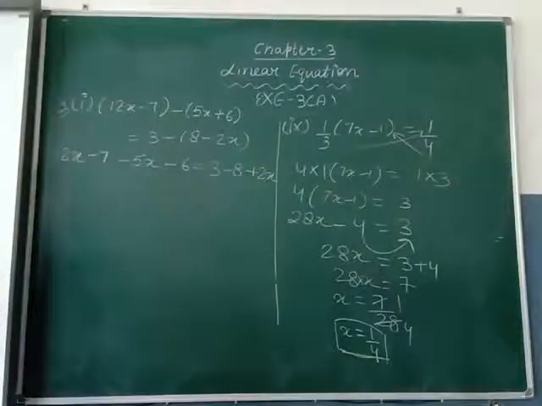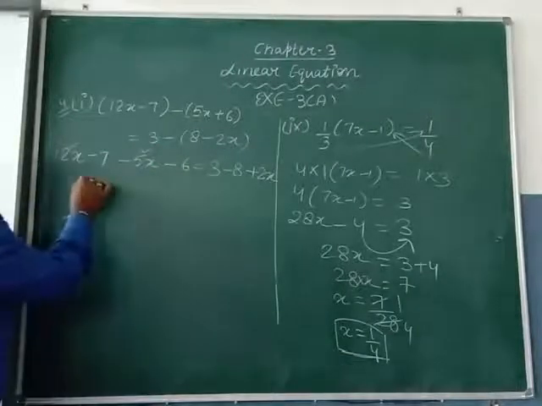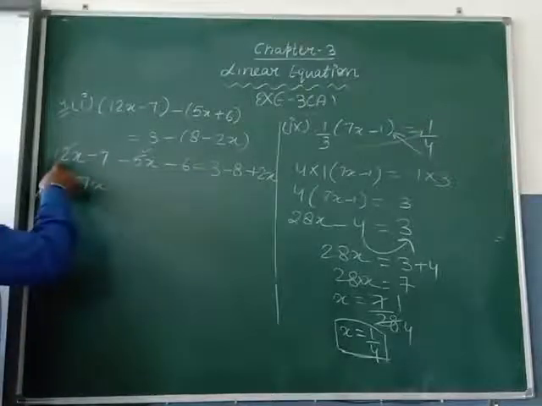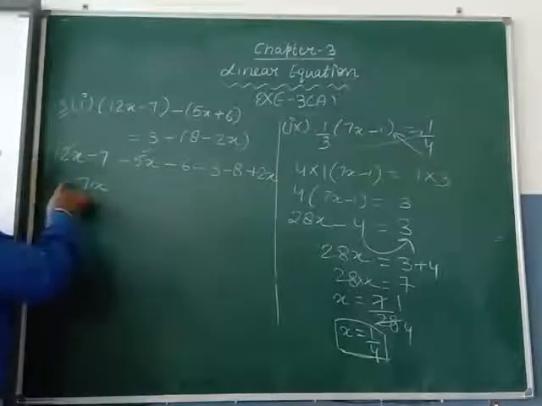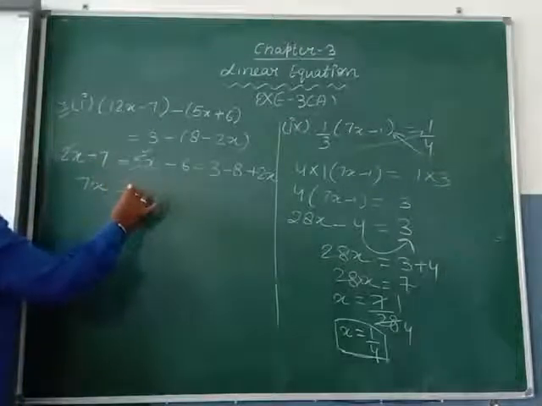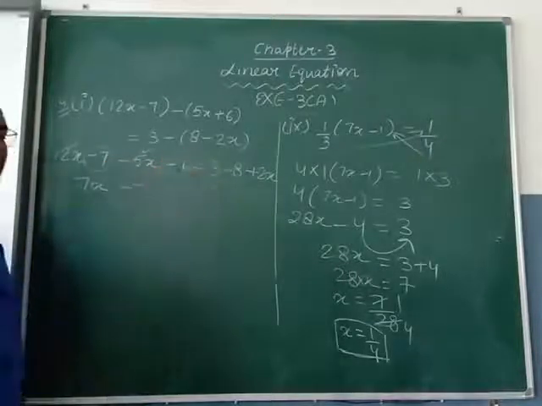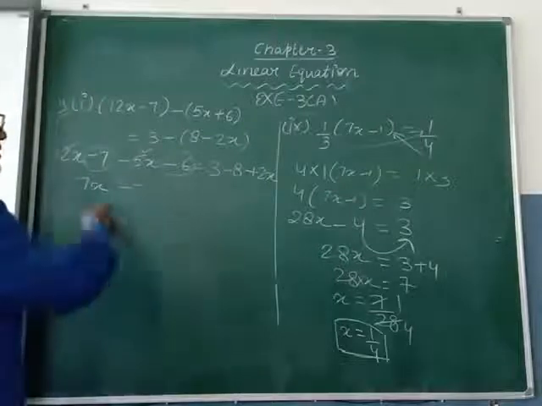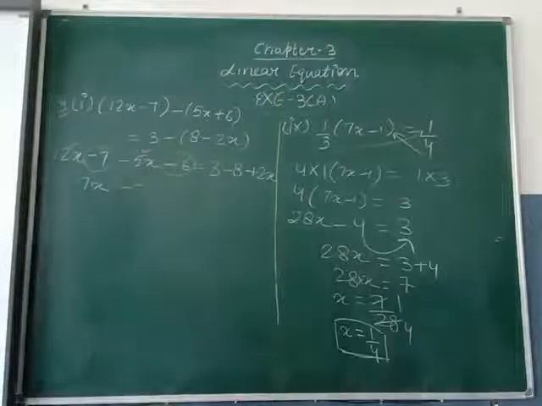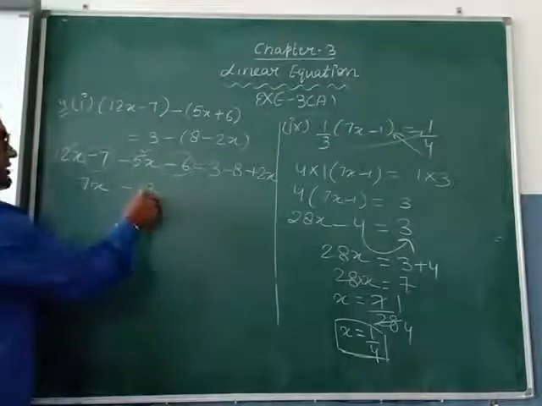Now 12x minus 5x, the answer will be 7x. The sign will be of the greater one, 12 is greater, and 12 does not have any sign, so in the beginning we will not put any sign. Minus 7 we will write as it is. One thing, these two are constant terms, so we have to solve them. Minus and minus is plus, so 7 plus 6, the answer will be 13, and the sign is minus.